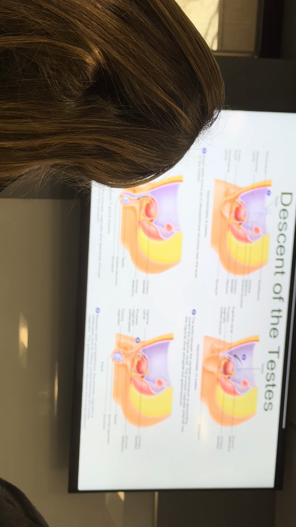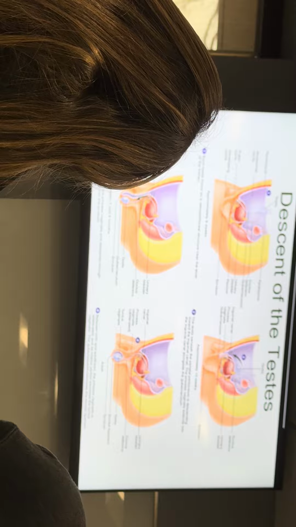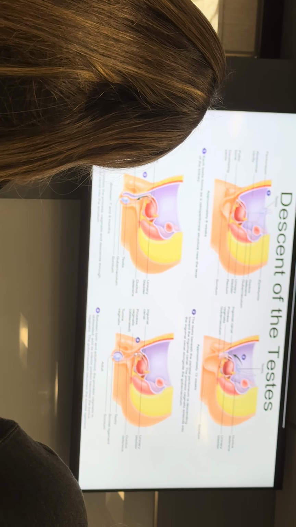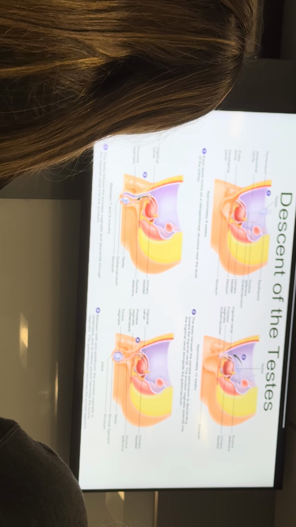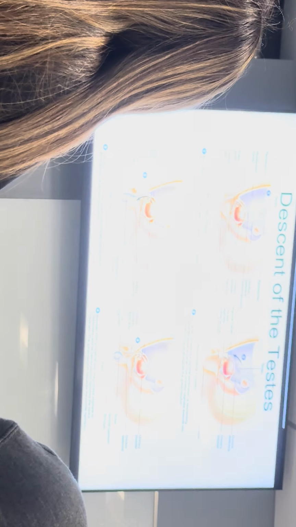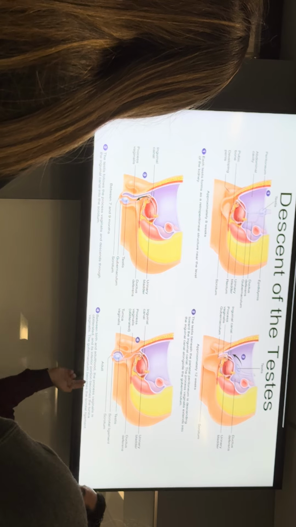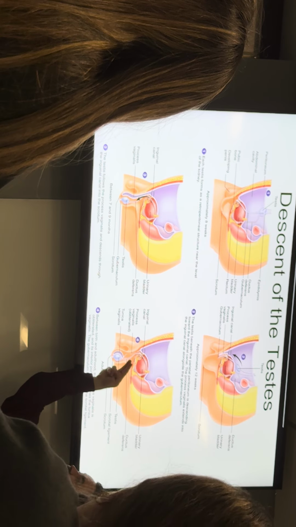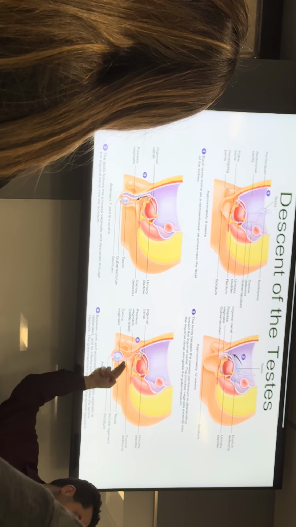And then there's an issue now. You're an adult, you have descended testicles in your tunica vaginalis, a little bit of peritoneum, but now you have a weaker inguinal canal. So the worst thing that guys in middle school have to go through, at least once a year if you're in sports, is you have to go to the doctor, and the doctors stick their fingers behind your scrotum, as deep as they can, to the point where it's uncomfortable, and then you turn your head and cough.